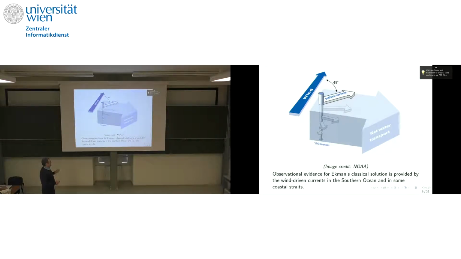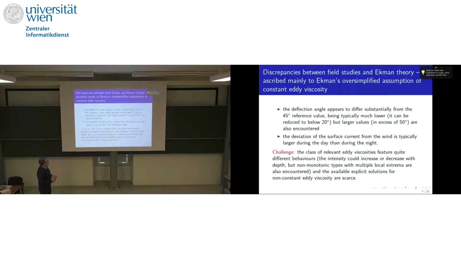For example, Ekman's classical solution fits well with the wind-driven currents in the Southern Ocean, the one around Antarctica, and in some coastal straits. So there is matching between Ekman's classical solution and field data, but there are also places where there are deviations.